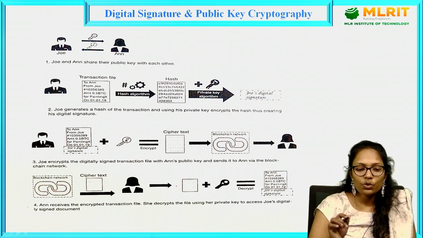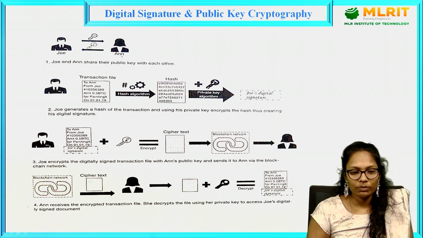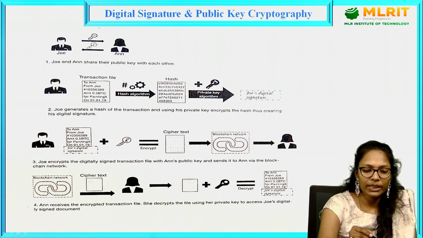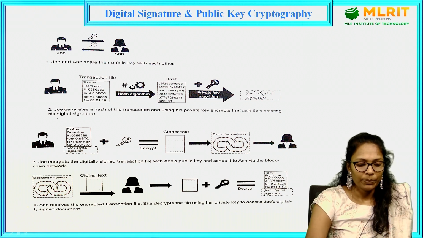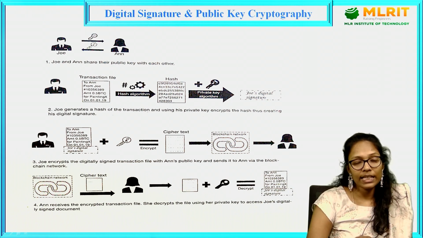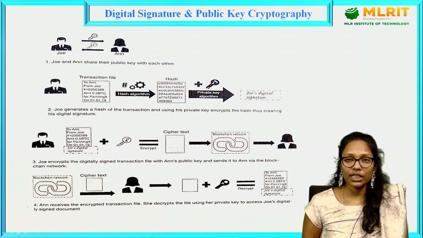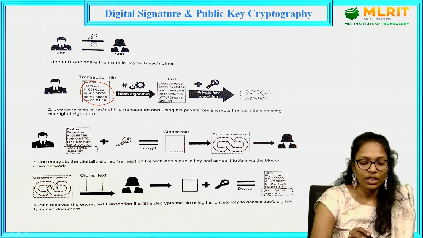Right. So here Joe and Anne share their public key with each other. Why? Because it's a common thing, right? Next, Joe generates a hash of the transaction and, using his private key, encrypts the hash, thus creating his digital signature. So how is the digital signature generated? He has some transaction data, some information.